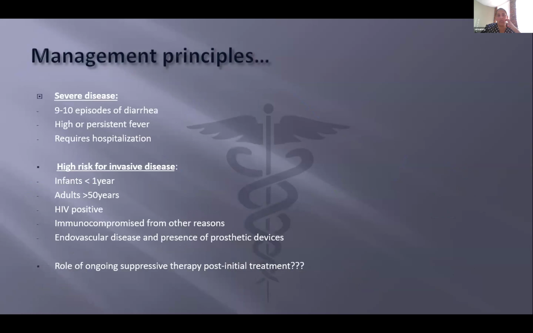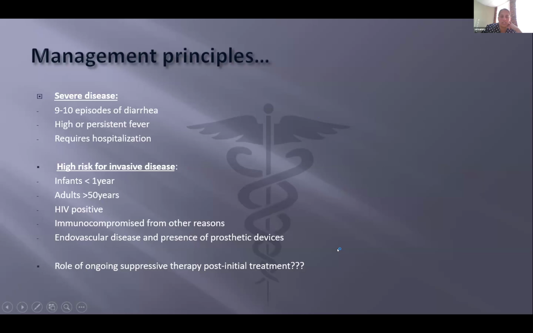So this is just to highlight what severe disease means. So again, 9 to 10 episodes of diarrhea, if you have high or persistent fever, if you've been sick enough to require hospitalization, and then high risk for invasive disease would be the extremes of age, patients who are HIV positive, you're immunocompromised from other reasons, and if you have endovascular disease and the presence of prosthetic devices.